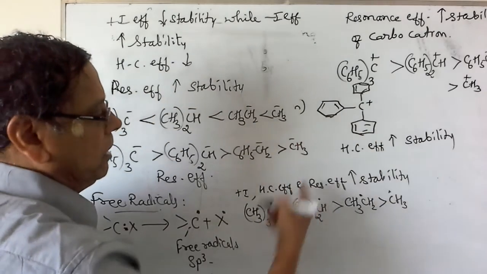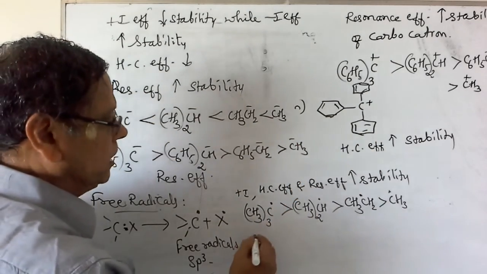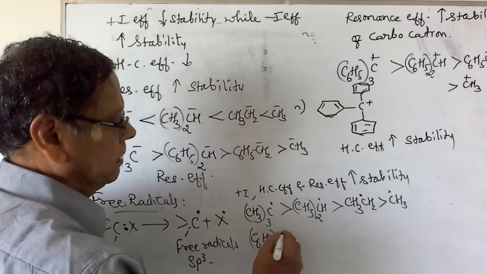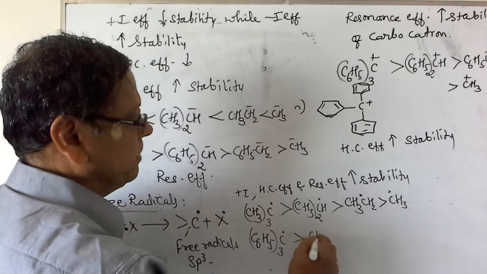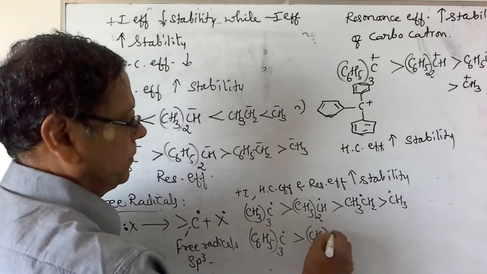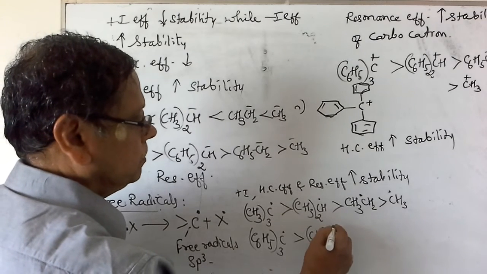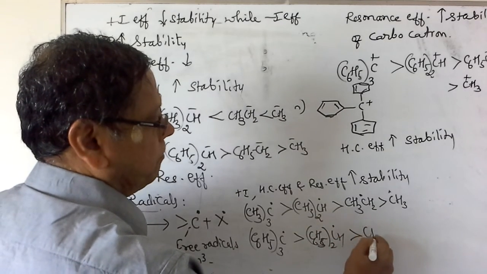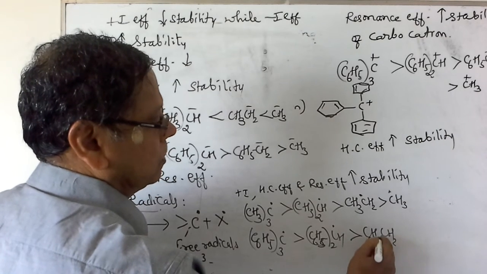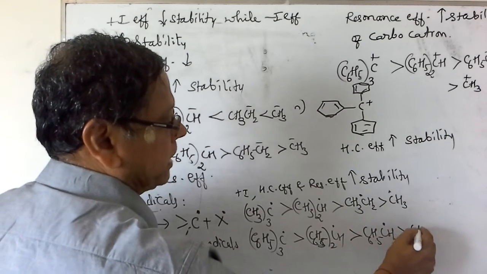Similarly, the resonance effect will also have the same order. So it is triphenyl carbon more than diphenyl (C6H5)2CH, more than benzyl C6H5CH2, more than methyl.